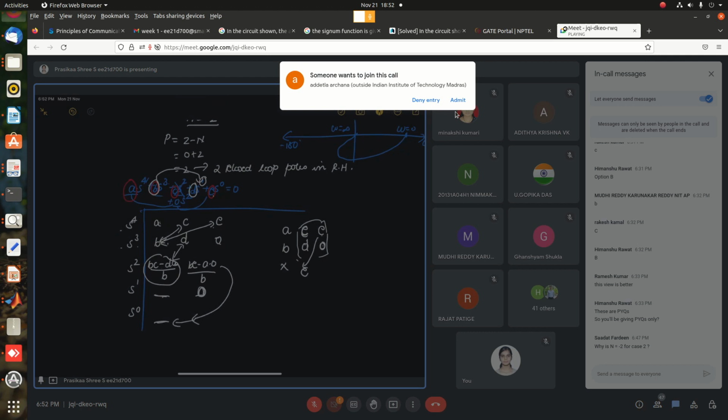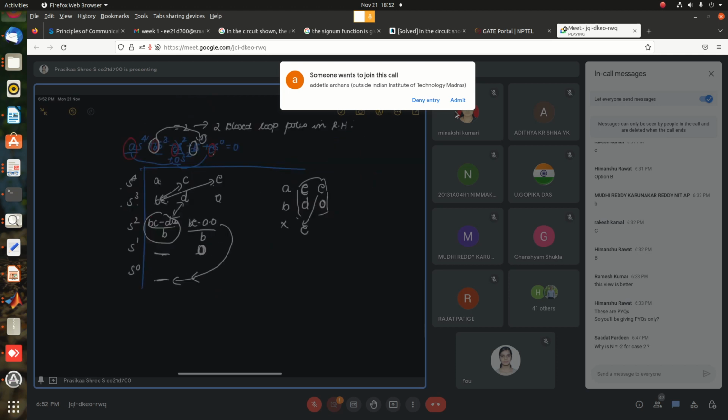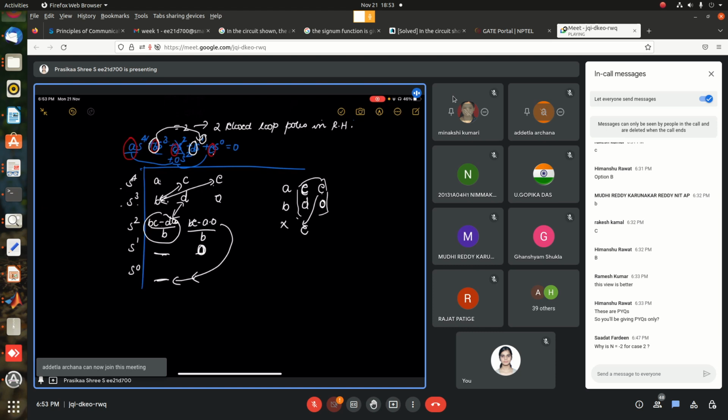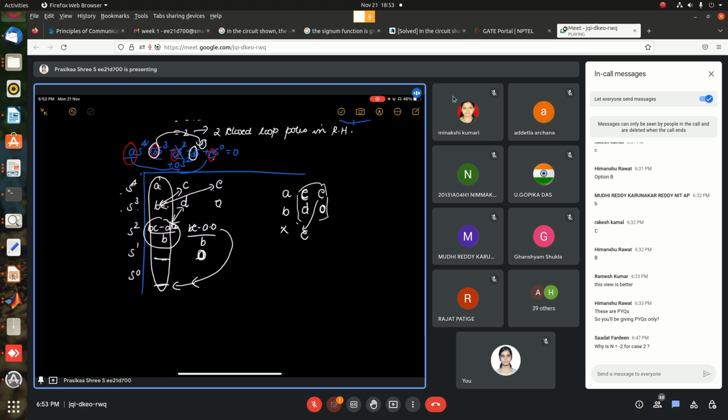So like this you will fill the complete array, and you need to check whether the first column is all positive or whether there are any sign changes. For example, if A is greater than 0, that is plus, B is less than 0, minus, and the other terms are plus, plus, plus, then there are two sign changes.